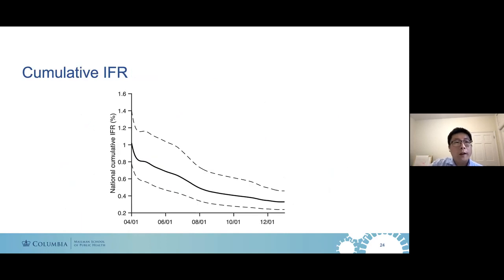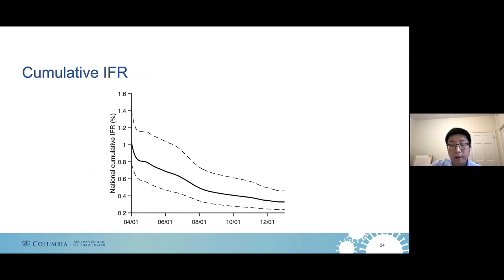And lastly, we look at the cumulative IFR since the beginning of the pandemic. At the national level, the cumulative IFR dropped from 1% in the spring to about 0.4% in December, in the winter. But we want to note that in our analysis, we didn't consider underreporting of death in surveillance data.